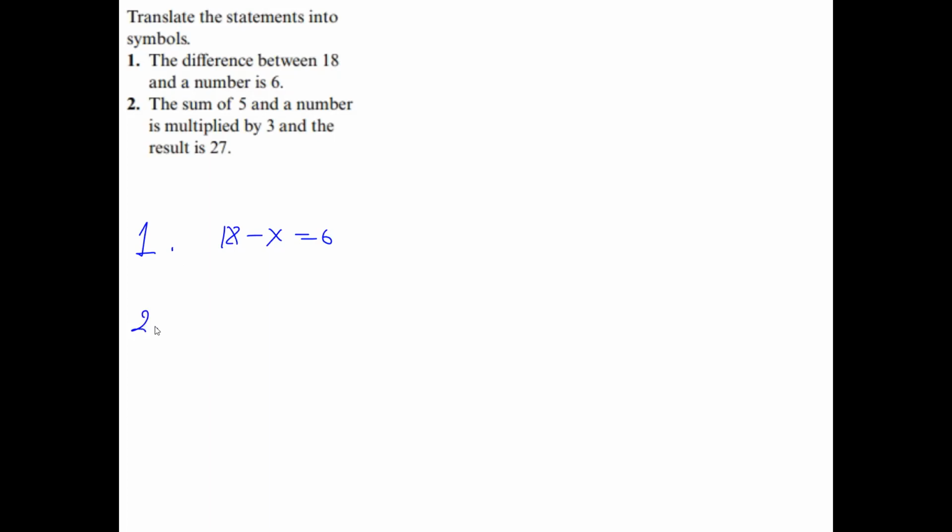2. The sum of 5 and the number is multiplied by 3, and the result is 27. So the sum of 5 and the number is multiplied by 3. So 3 times 5 plus x. That's what I understand. Agree?